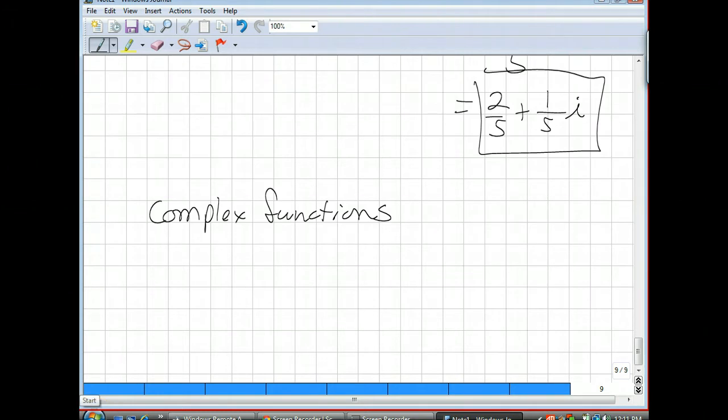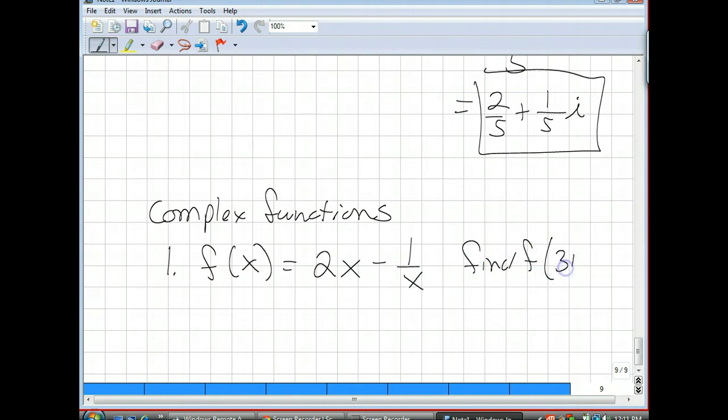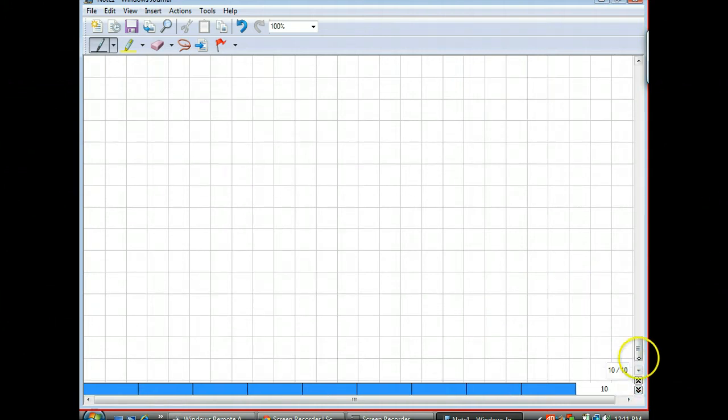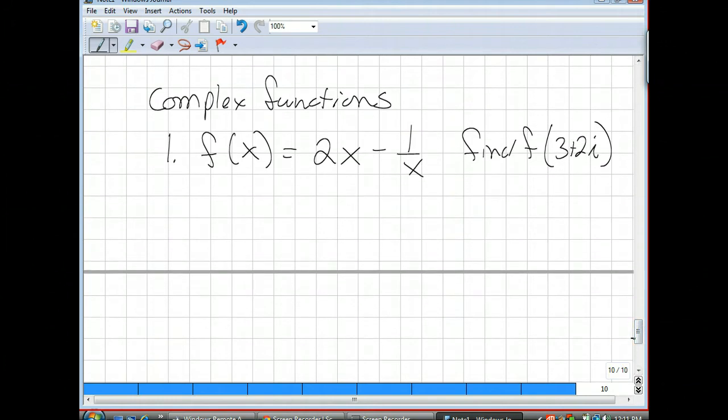Right, now let's go on to complex functions. So, example 1. Let's say I have f of x is equal to 2x minus 1 over x. And I want to find f of 3 plus 2i. Okay? And so what I do is in the function, wherever there's an x, I put a 3 plus 2i.